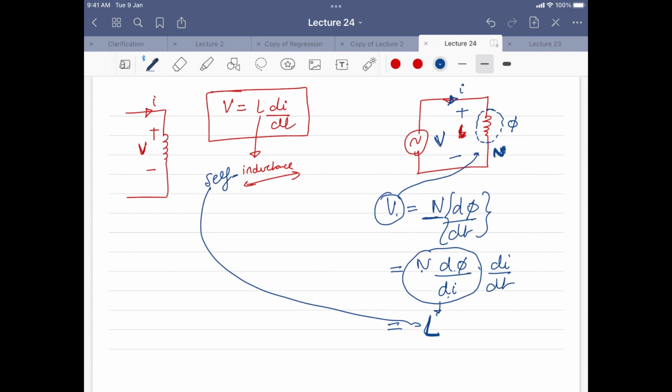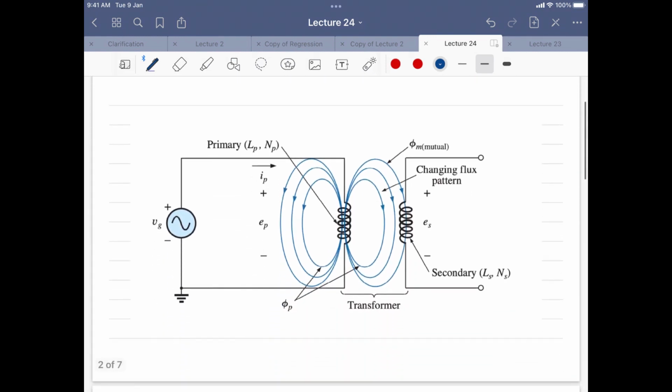This concept we have already studied, where we have an inductance connected to the alternating voltage source. But now another situation comes like this.